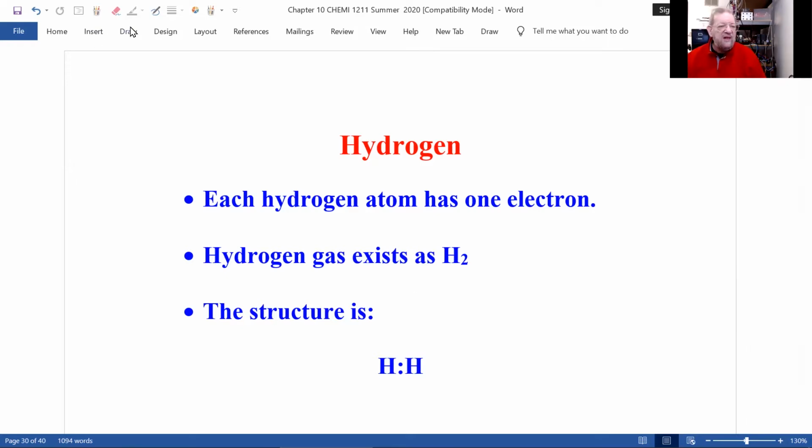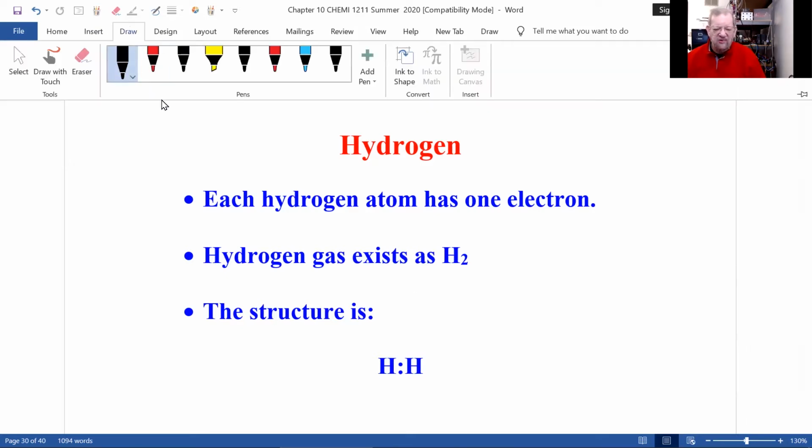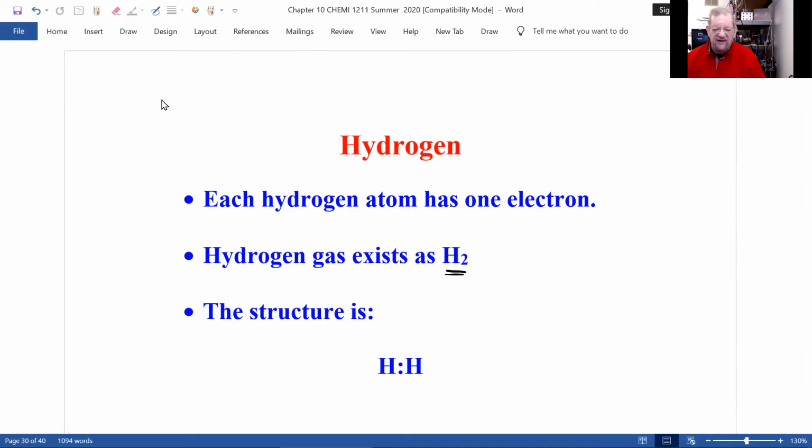Well, if I were to ask you to draw the Lewis structure for hydrogen gas, each hydrogen has an electron in its outer shell. And this hydrogen says to that one, you've got an unpaired electron, I've got an unpaired electron, let's share. And they do.